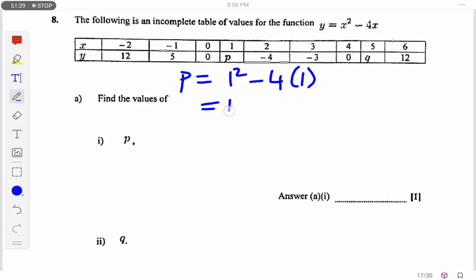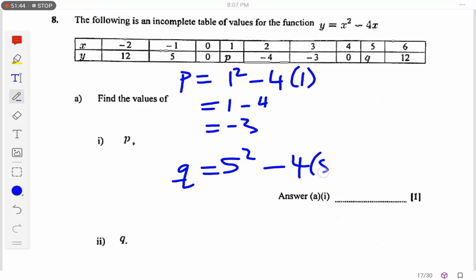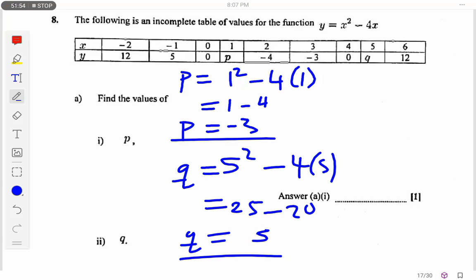This is equal to 1 minus 4, so it's going to be minus 3. Then our Q, we have a 5 there, 5 squared minus 4 by 5, so we get 25 minus 20, and we get a 5 there. So our Q is equal to 5. So these are the values there, and I can as well write here minus 3 and 5, because we are going to draw a graph later on.